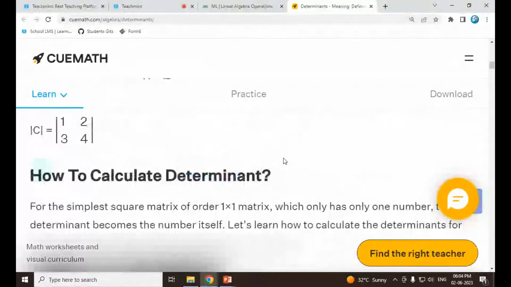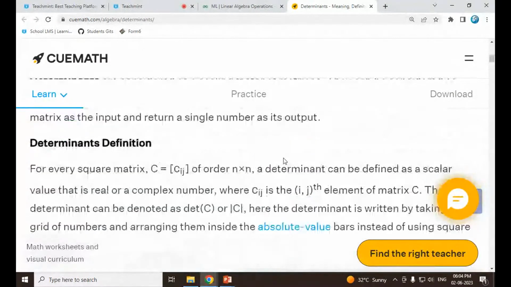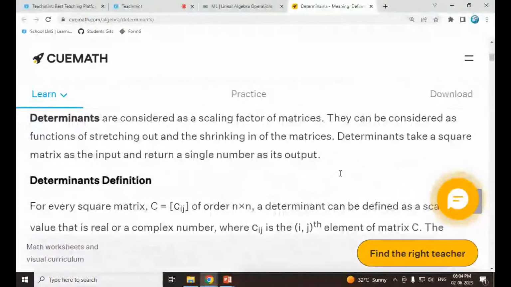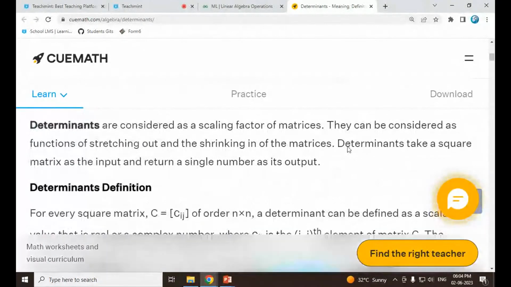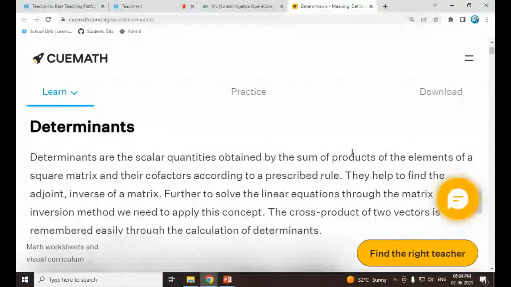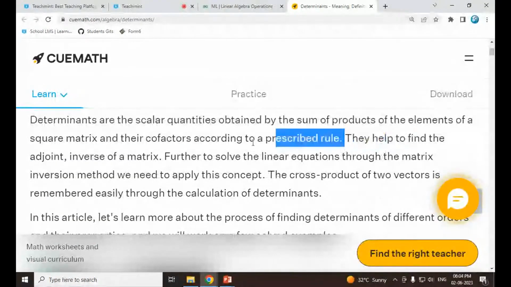I hope you understood what determinants are. They help to find the adjoint and inverse matrix, and to solve linear equations through the matrix inversion method. We need to apply this concept of determinants.